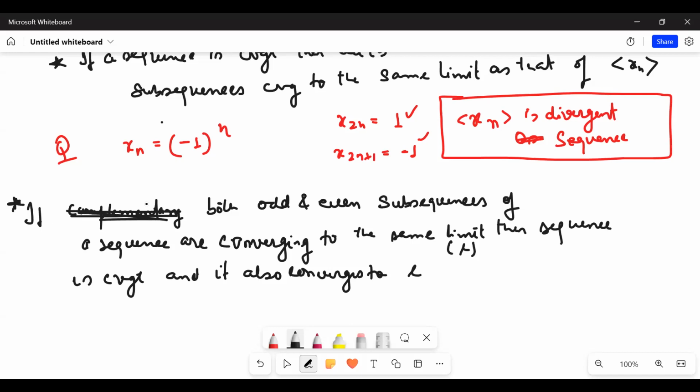So if in a sequence you're not able to find monotonicity, and you're able to conclude that the odd subsequence and even subsequence both converge to the same limit, then the sequence is convergent and it also converges to the same limit L. This is one of the most important theorems, or you can say results.